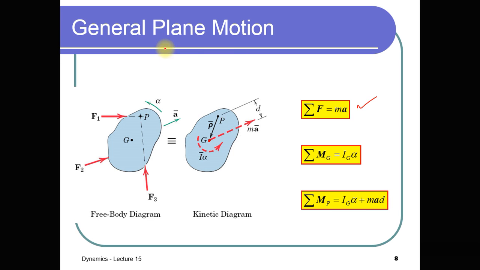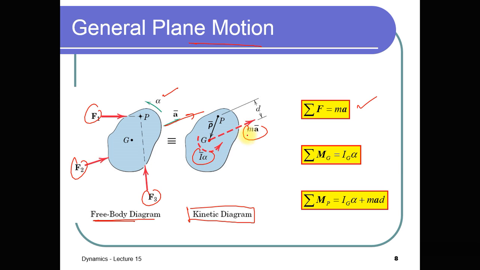In general plane motion, there are still a few external forces acting on the rigid body, and due to the combination of rectilinear translation and rotation, there will be angular acceleration, and this is the motion path A. Expressing the free body diagram in a kinetic diagram, we need to consider MA in the direction of motion, and the moment due to the rotation of the rigid body itself.